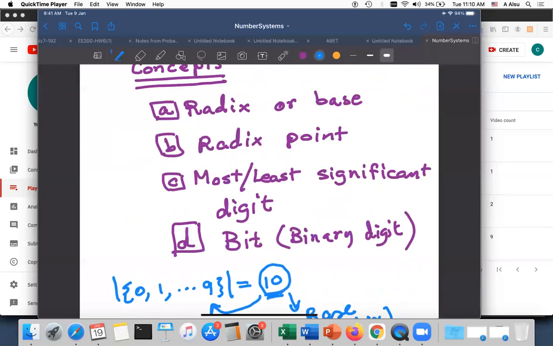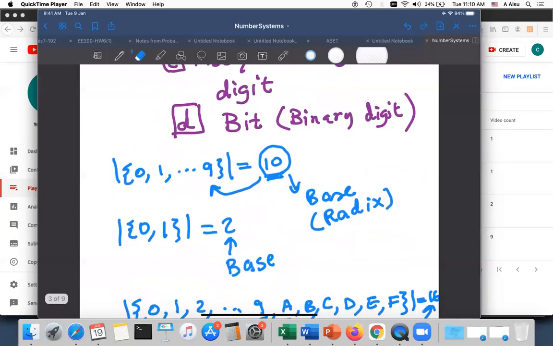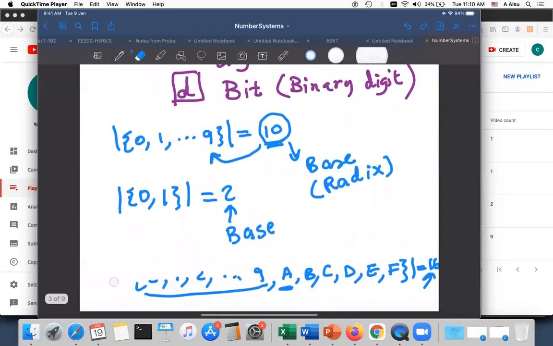The radix point, concept number 2. We understand the concept of the base.